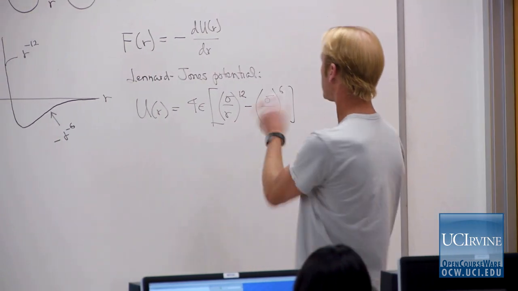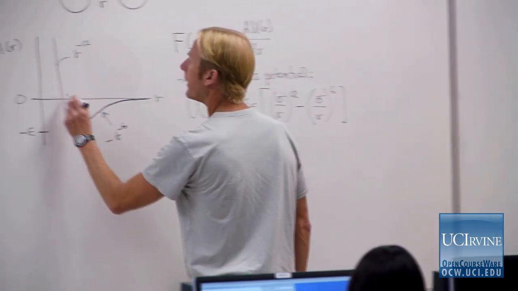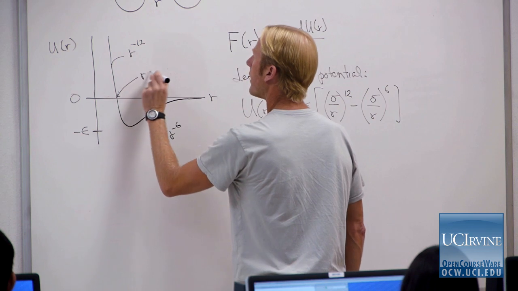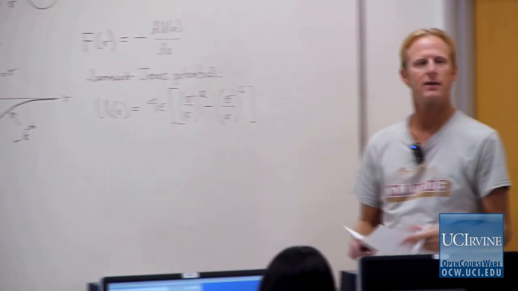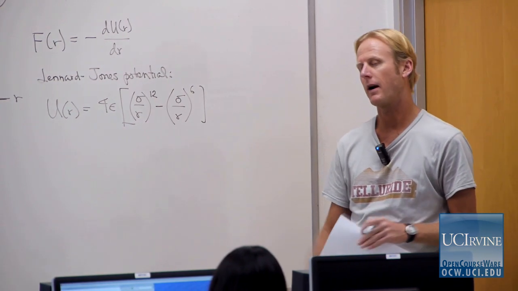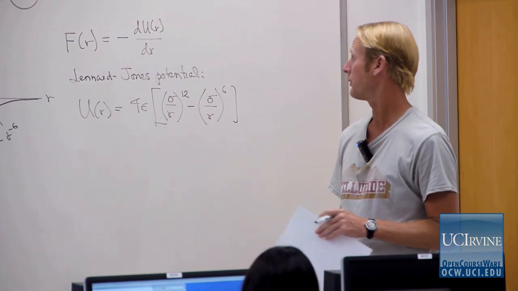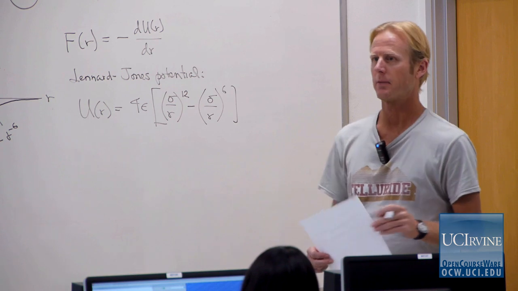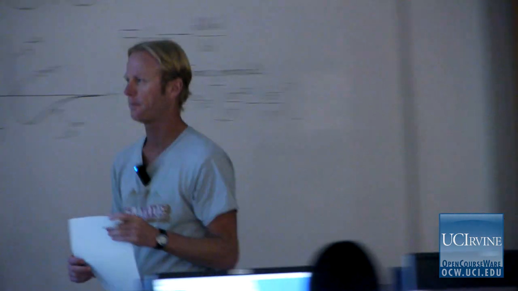And if you set U equal to 0, you find out that the point at which the potential is equal to 0, that's when r is equal to sigma. So sigma is a measure of the atomic size. Okay? All right, well, for us here in Chem 5, it'll be a function that we will put into Mathematica. We'll take the derivative, and then we'll plot them on the same plot. Okay? So that's what we'll do now.